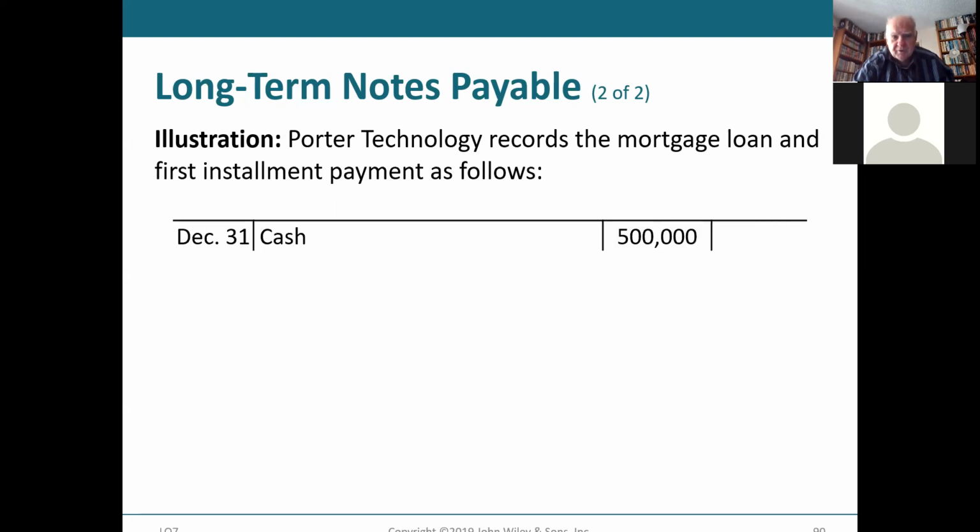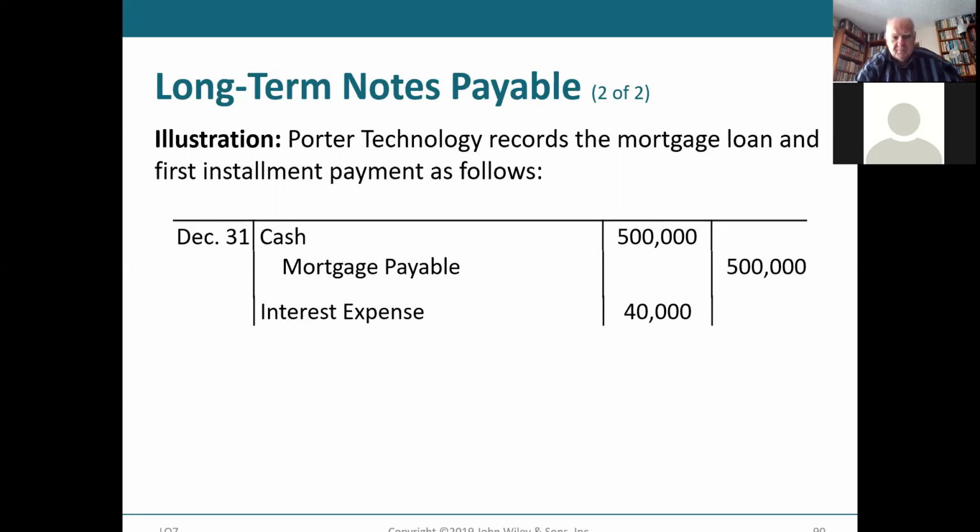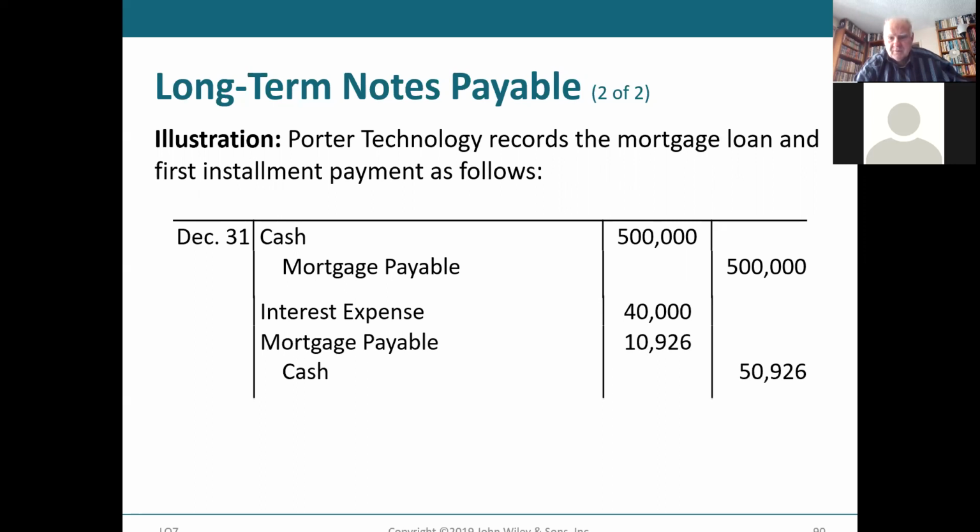And they record the mortgage loan like this: cash, mortgage payable. And then you've got interest expense and the mortgage payable and the cash. You have cash, mortgage payable, and then you make your first payment. We know that the interest expense is going to be 40,000. We know that the total agreed upon payment is 50,926, and that leaves the difference to mortgage payable.